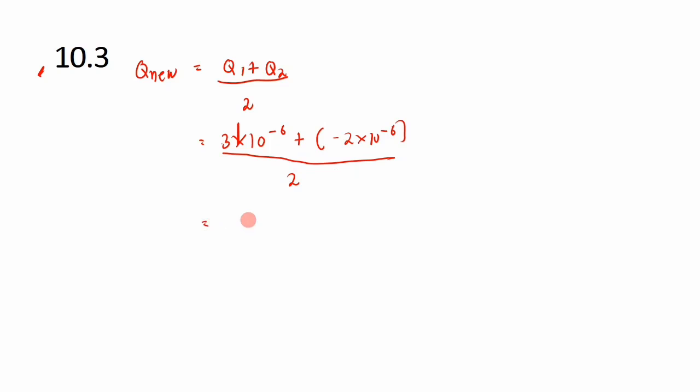If we punch this in our calculator, we have 5 times 10 to the exponent of negative 7 coulombs. So this is the new charge on sphere B, but it is also the new charge on sphere A.